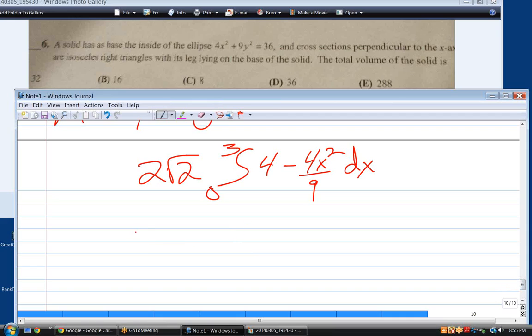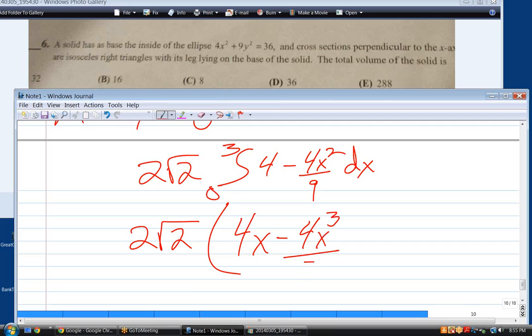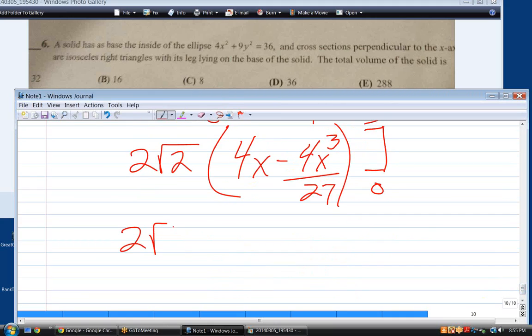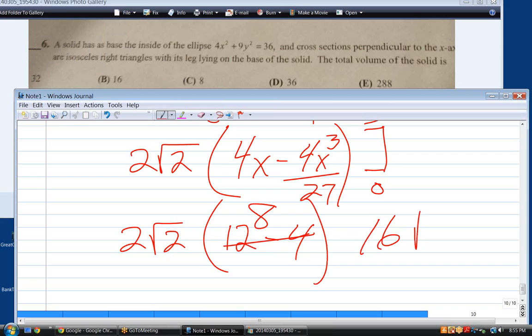Let's not forget to multiply by that. 4x minus 4x cubed over 27 evaluated from 0 to 3. 2 root 2 times 12 minus 4, which is 8. 16 root 2.